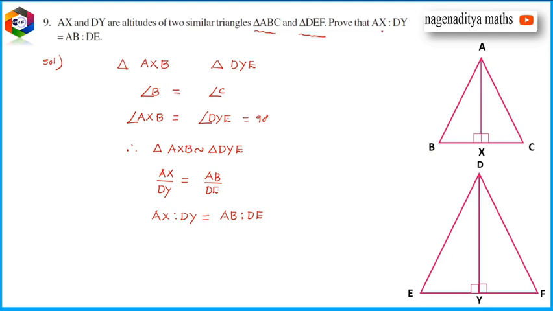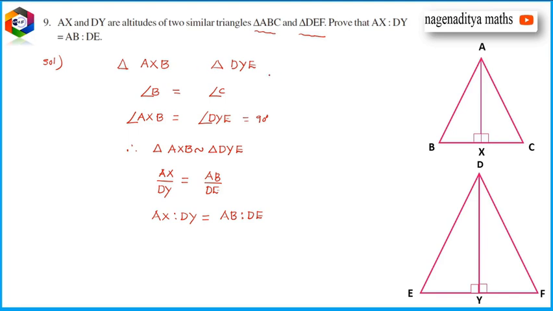What we have to prove is AX is to DY is equal to AB is to DE. For that we have to take the triangles AXB and DYE. In triangle AXB, angle B is equal to angle E and angle AXB is equal to angle DYE, because here the angle is 90 degrees.